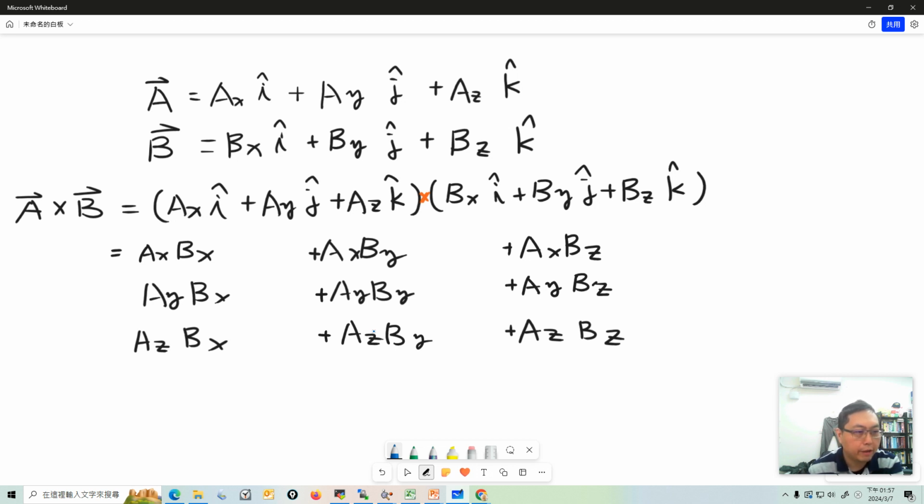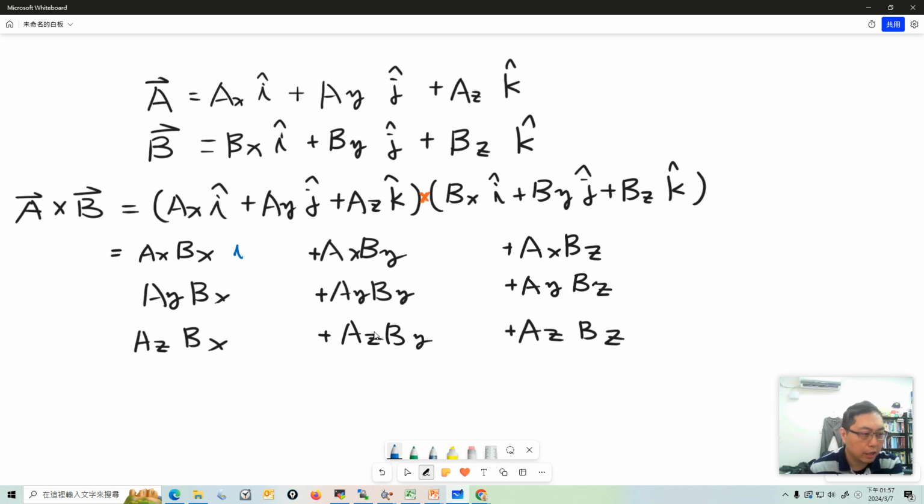The next thing we have to mention is that right now we just multiply the constants, but it's a cross product. The vectors are doing the cross product, not the components.